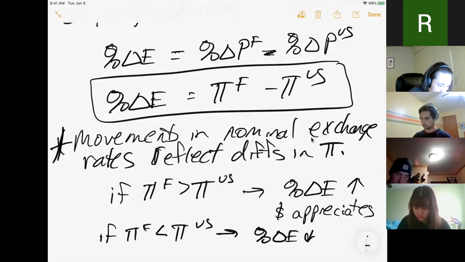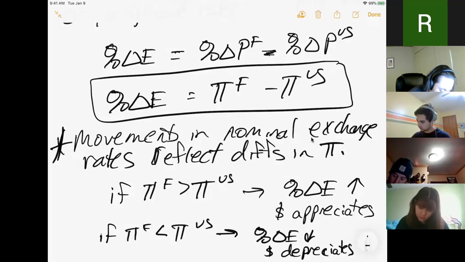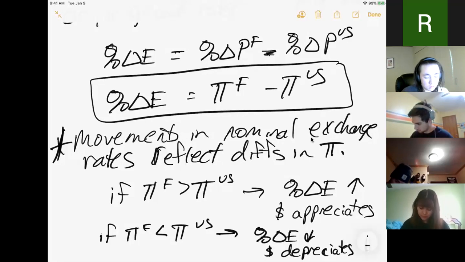Then the exchange rate's going to drop, or the dollar depreciates. All right, pretty simple idea, but there's a lot of predictive power here.